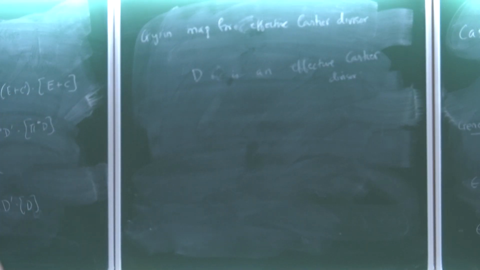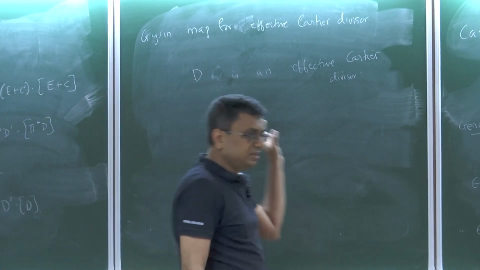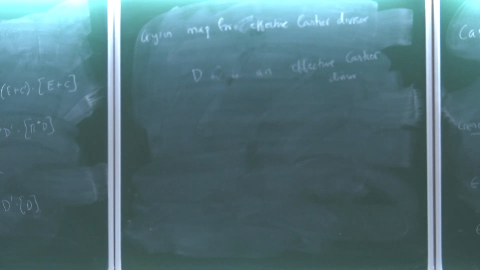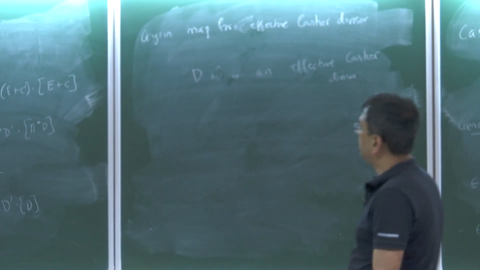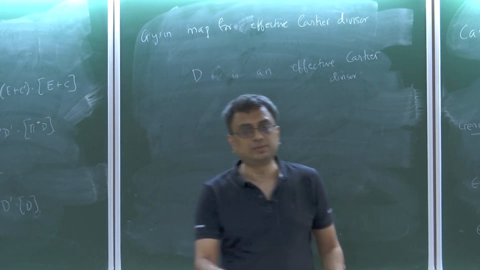So now what it means is D is actually given by a subscheme of X, right? So I will think of D as a subscheme of X.